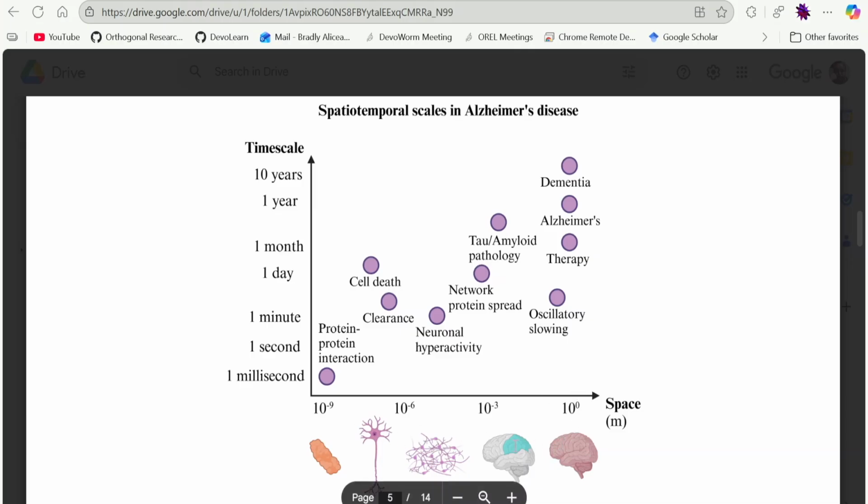So we're talking about the cortical sheet mainly, and how much of the cortical sheet is affected by this one process. How long does it take to unfold? So there are these manifestations of the disease at a large space and increasingly larger time scale, but molecular characterizations at smaller time scales and smaller spaces.